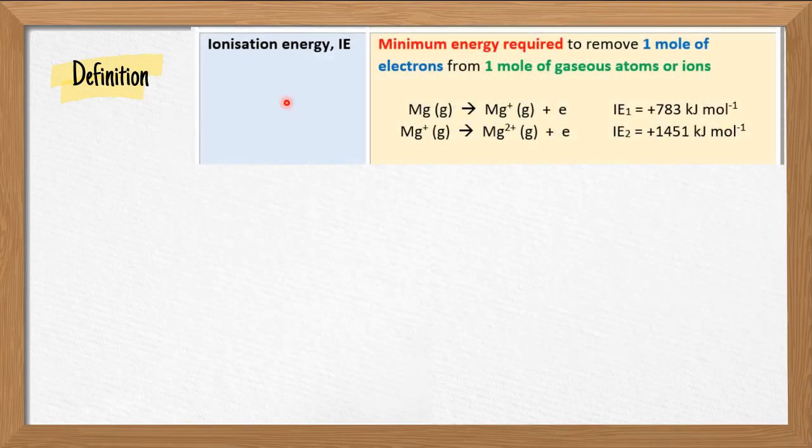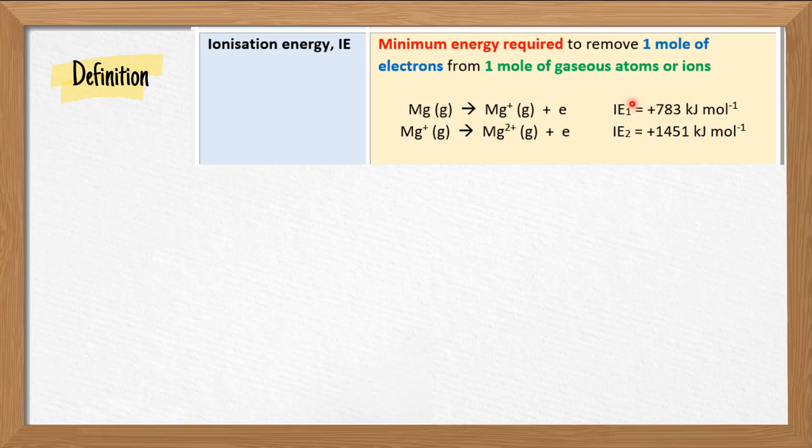Next definition, we look into ionization energy, IE. This one is revision for you. Ionization energy refers to the minimum energy required to remove one mole of electron from one mole of gaseous atoms or ion. Minimum energy required means it will have a positive sign for its energy.